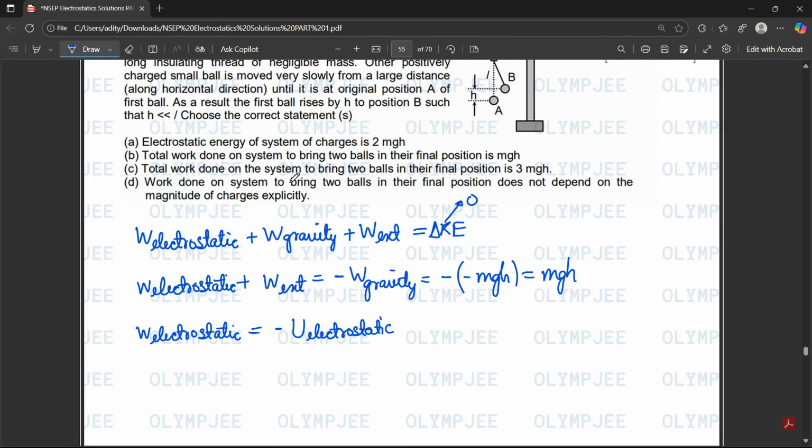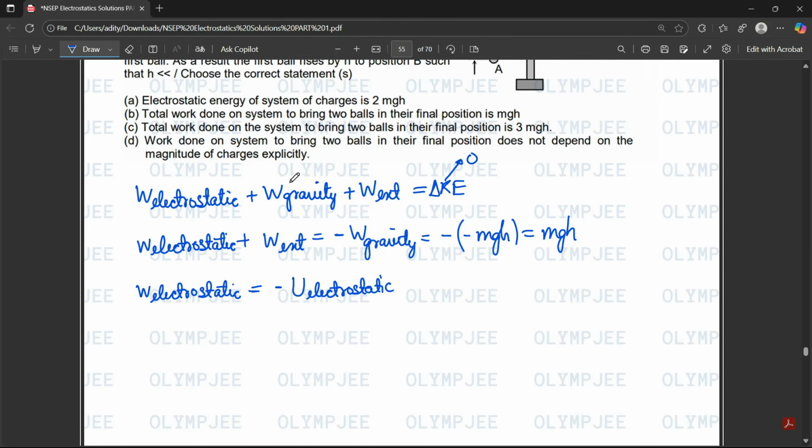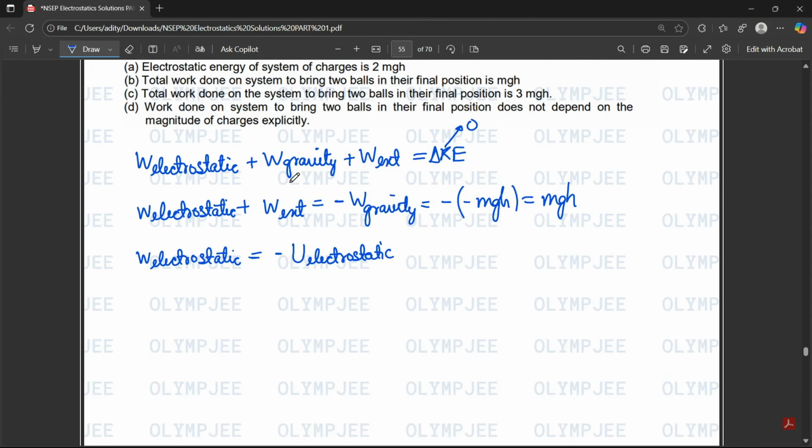Since the balls are at a large distance initially, the initial electrostatic energy is 0. I should write it as delta.